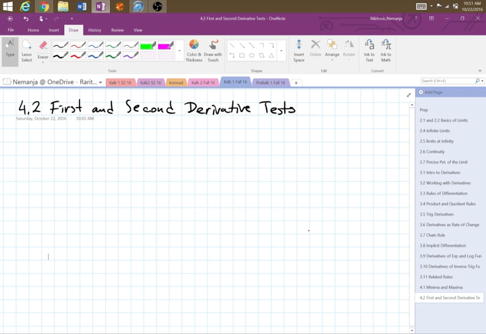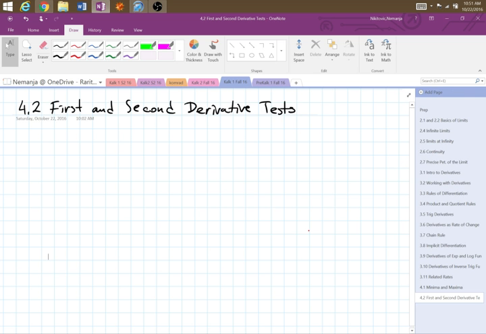So we are moving towards that point where you will be able to graph any function without the aid of software. And the first and the second derivative test will be used to analyze the equations in order for you to eventually graph it. But it also will help with many other things.